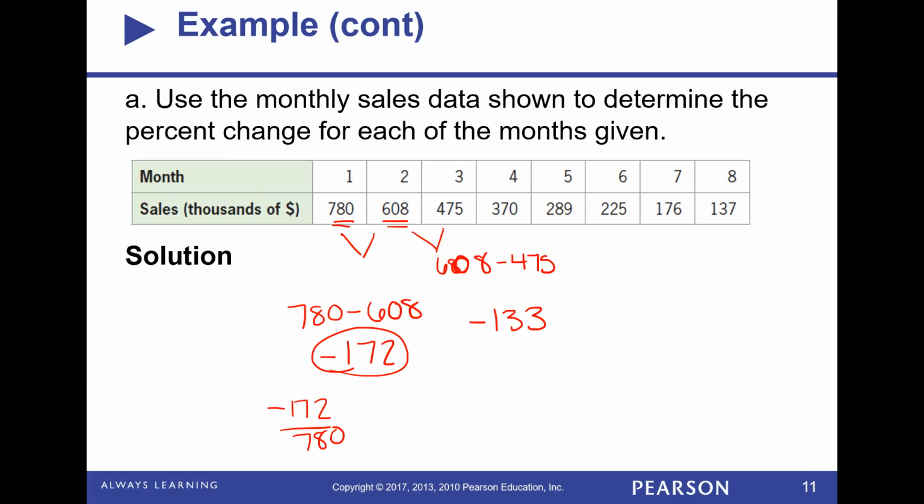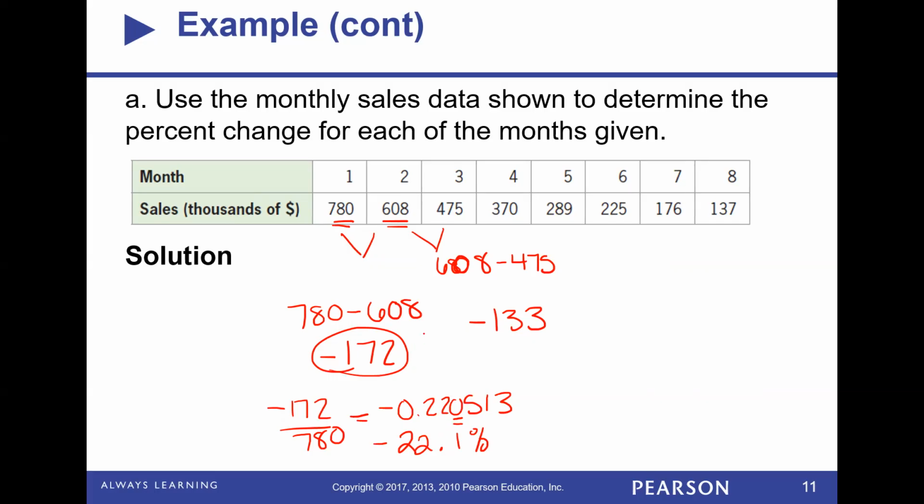And so we normally like to change it into a percentage. So this divided by this gives me basically a negative 0.220513. Again, I normally like to change it from a decimal to a percentage. So a negative 22 point, rounding it to this place here, which will be 1.